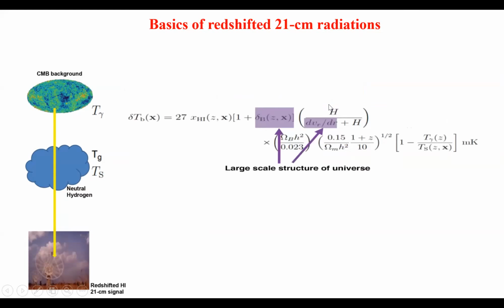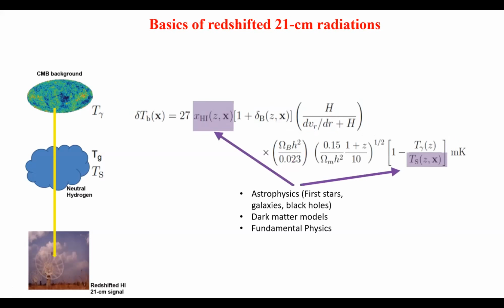It is also a function of quantities related to large scale structure, that is, the fluctuations in the baryon density, and also the peculiar velocity. I will come to these two parts in detail in a few slides. The signal also depends on the ionization fraction, the overall ionization fraction, and the spin temperature. Both of these quantities are functions of redshift and the spatial coordinates.